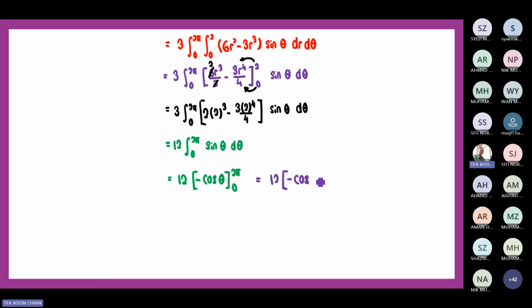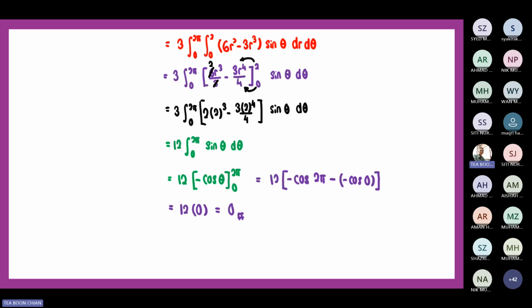So negative cos 2 pi minus negative cos 0. So negative cos 2 pi is negative 1 minus negative cos 0 also negative 1. Therefore, in the end, 12 multiply 0, and therefore the surface integral for this problem is 0.